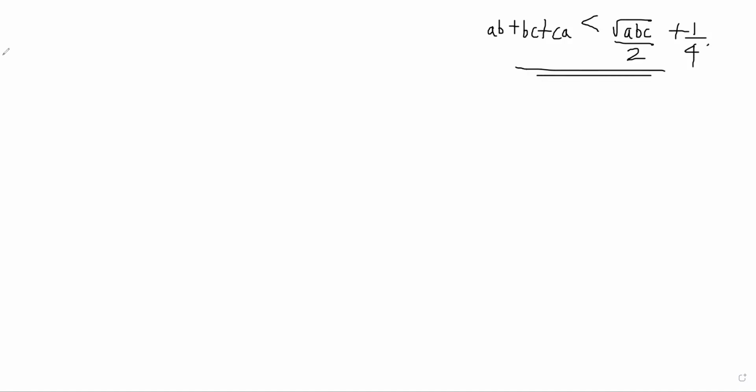So let's say the inequality that I want to prove is AB plus BC plus CA is less than root ABC by 2 plus 1 by 4. Keep this in mind. We will start by looking at the expression AB plus BC plus CA minus root ABC by 2.